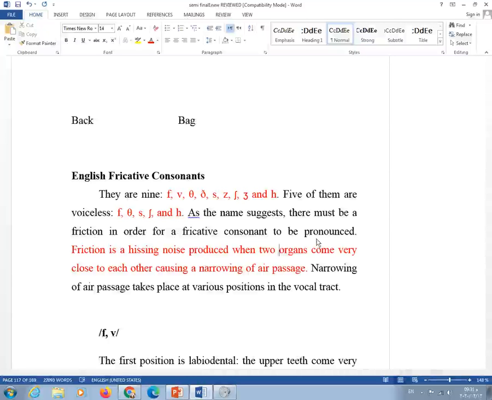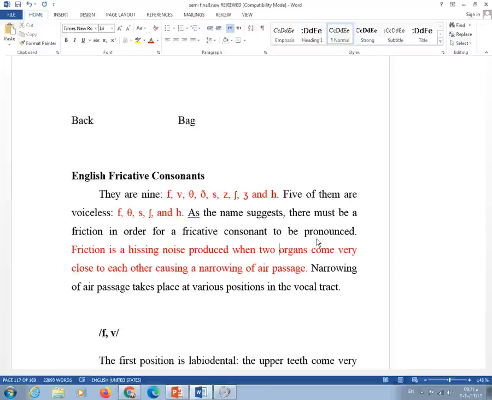Would you be able to pronounce f? حاول توسع كده to make the upper teeth بتاعتك to be away a little bit from the lower lip. Would you be able to pronounce f or v?